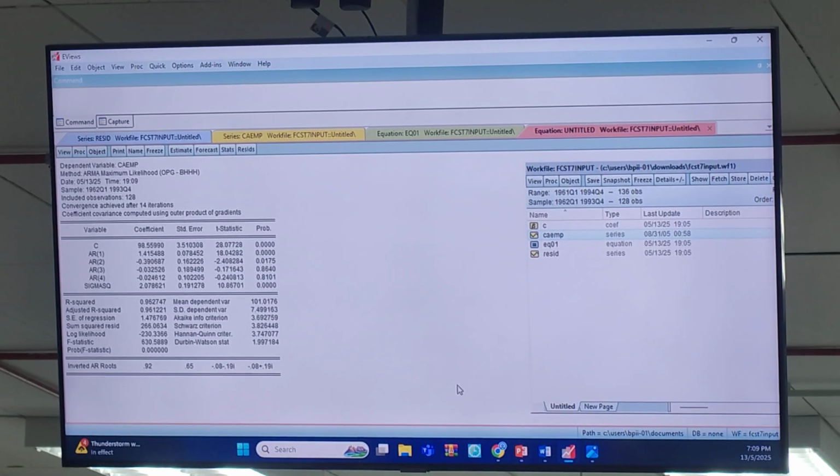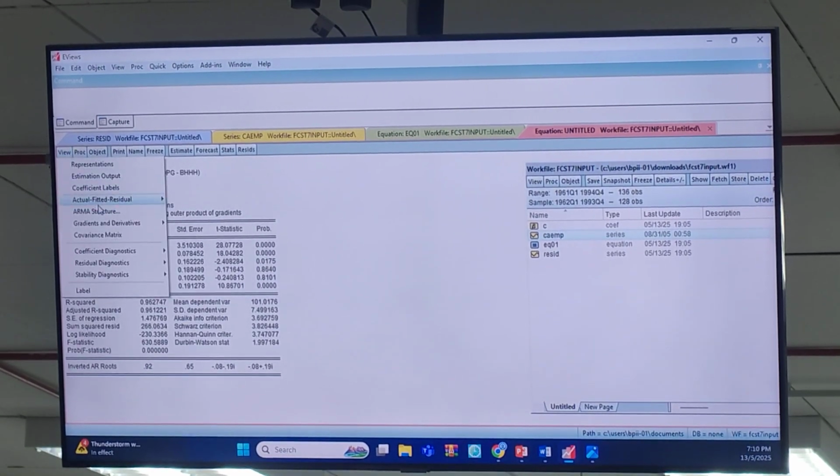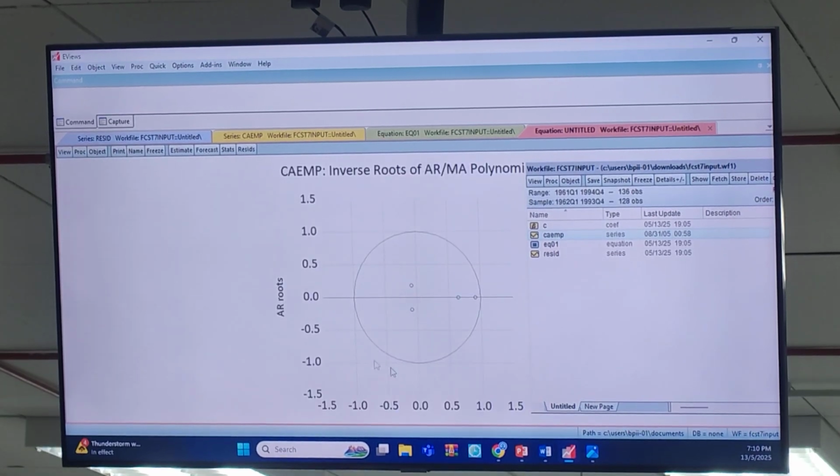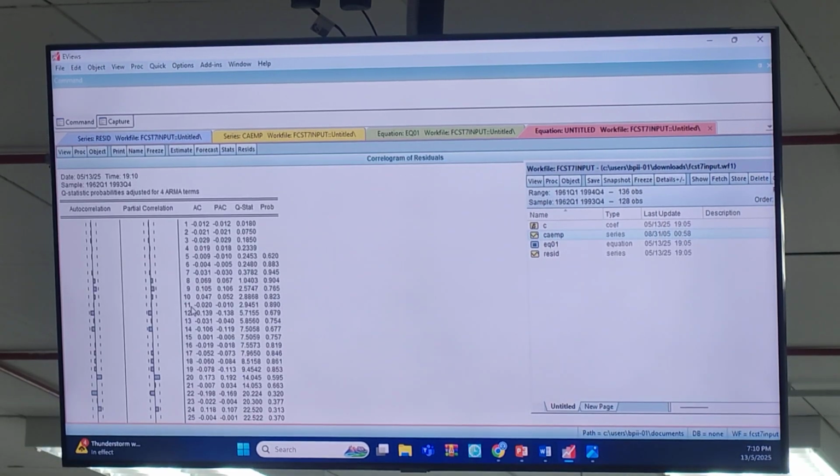So this one also has all inside. It has 4 roots, all 4 inverse roots inside the circle. So you check inside. Residual also okay. So AR2 okay, AR3 okay, AR4 okay.